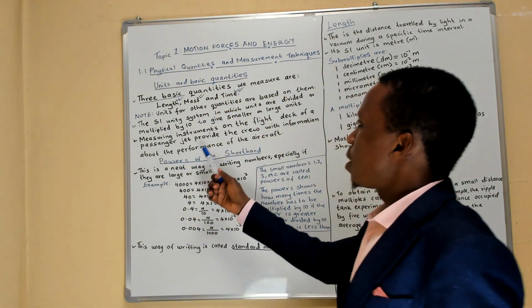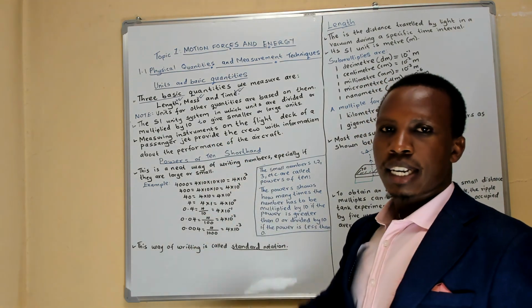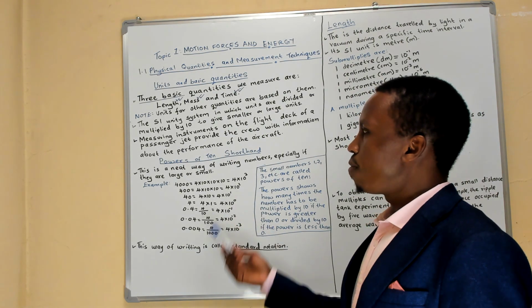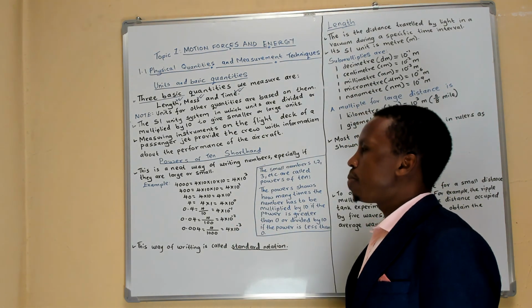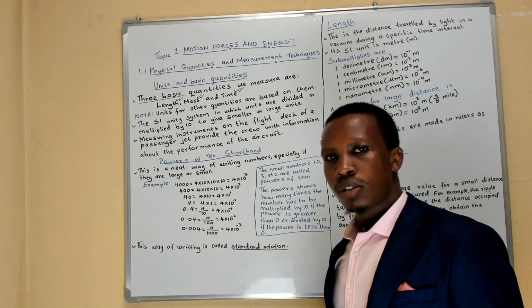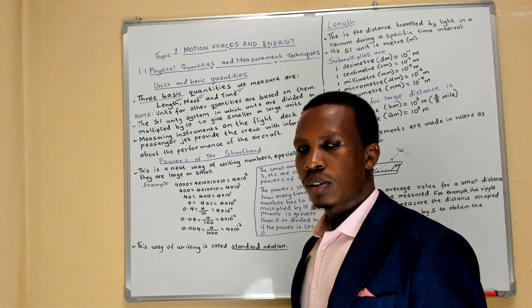The SI unit system is an international system that is used to give the units of every particular quantity, like length, mass, volume, pressure. So they are SI units.